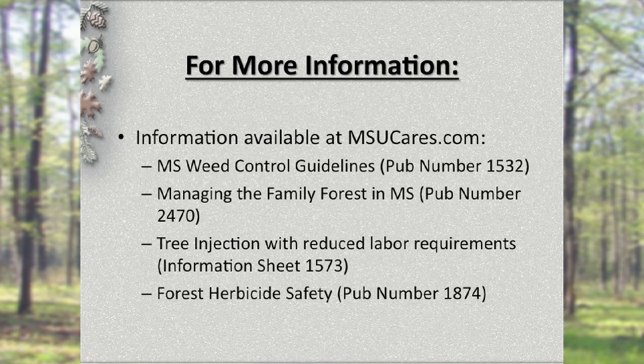We have the Managing the Family Forest in Mississippi publication, of which this presentation is covering Chapter 2. That's publication 2470 on our site. And then a couple other forestry herbicide publications, Tree Injection with Reduced Labor Requirements, and Forest Herbicide Safety. There's a whole bunch more publications there. I just listed a few that I thought would be really relevant to folks given this presentation. For more information, go to MSUcares.com.